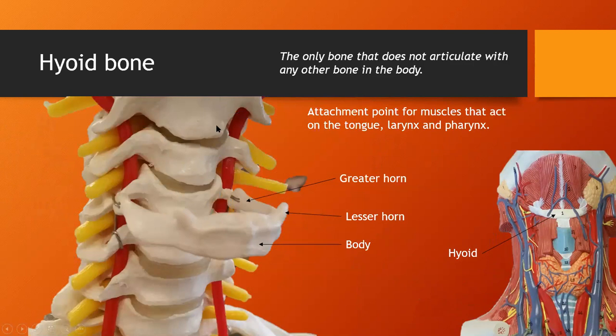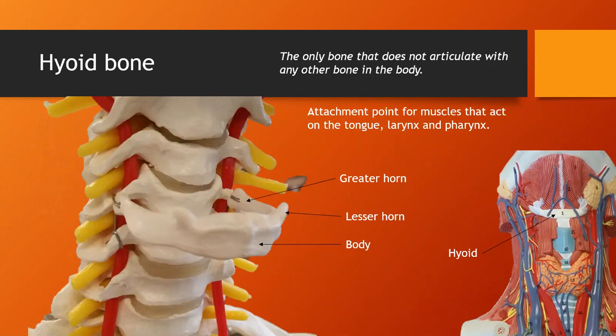So you have your atlas and your axis, which are the first 2 vertebrae, and then the 5 that follow make up the bones of the neck. I want to say between C3 and C4 is where you would find the hyoid bone. So here's your hyoid bone. So in 17, you're going to put hyoid in the blank.